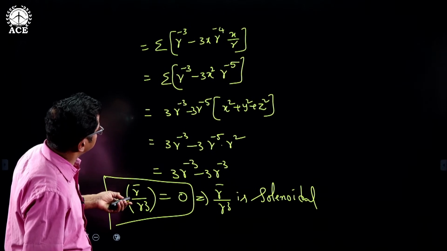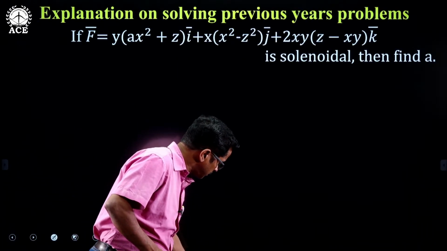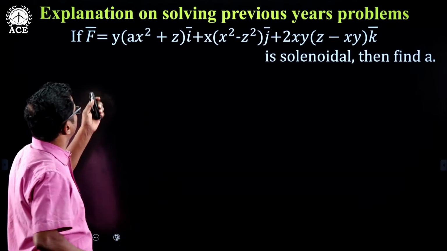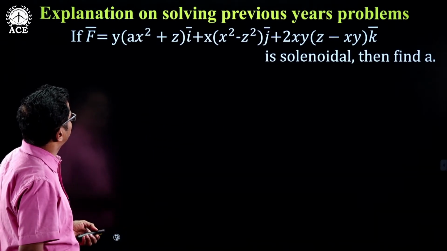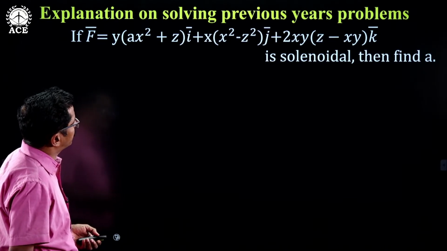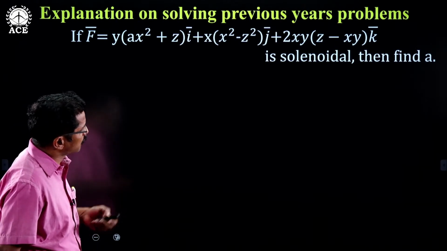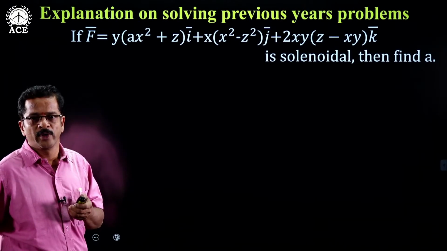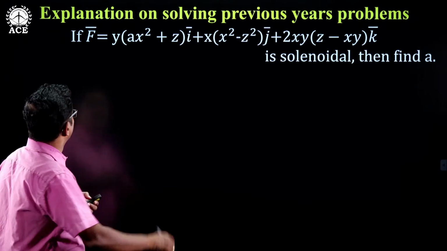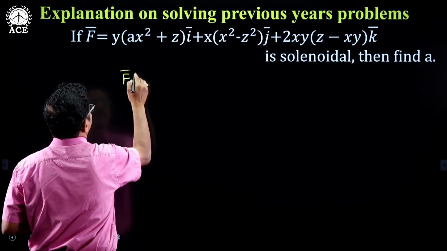Next, if f bar equals to y into ax square plus z into i bar plus x into x square minus z square into j bar plus 2xy into z minus xy into k bar is solenoidal, then find A. What is A? They are asking. So here f bar is solenoidal.